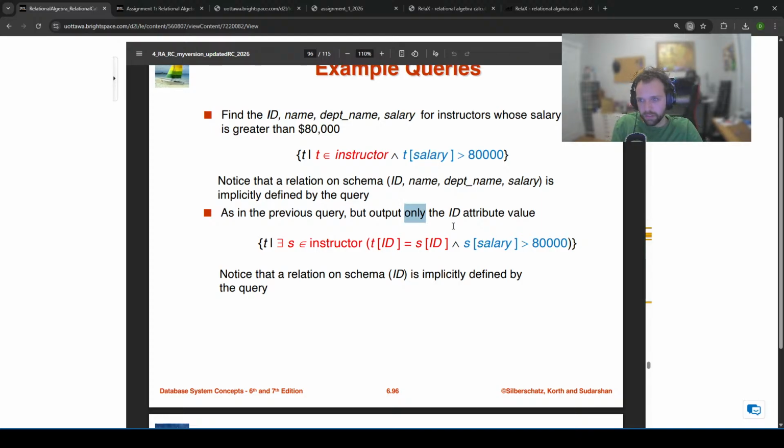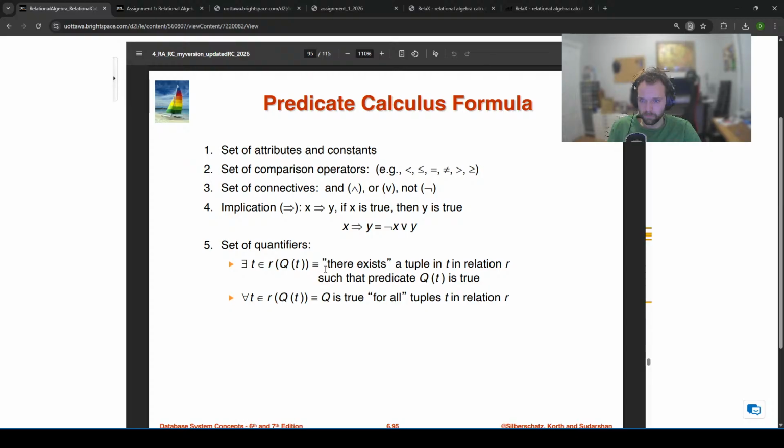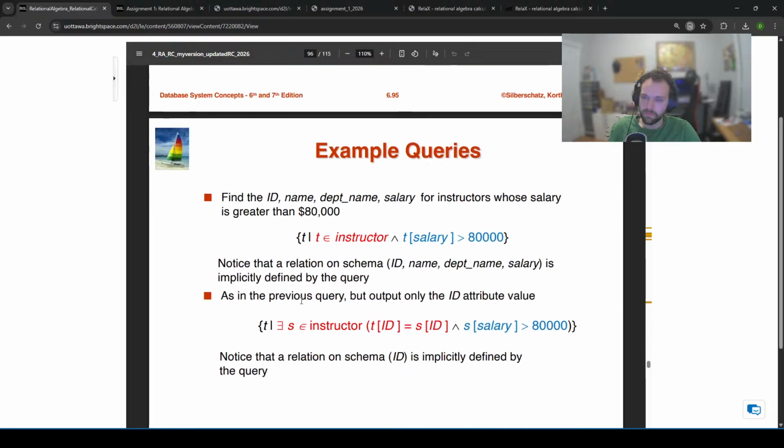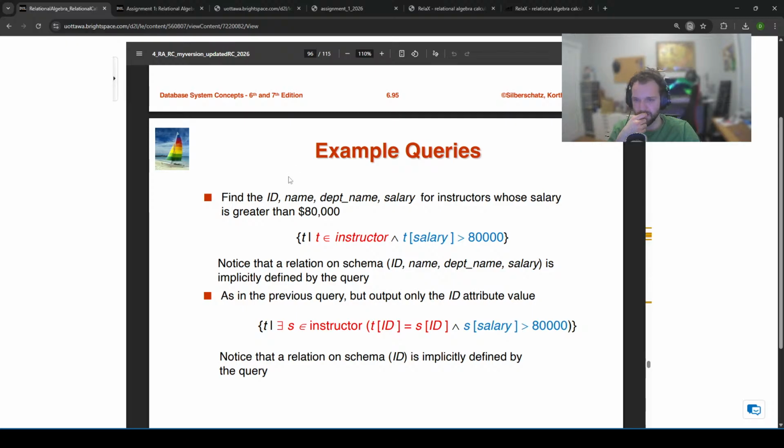Output only the ID attribute. How does that work? Use the there exists. Okay.